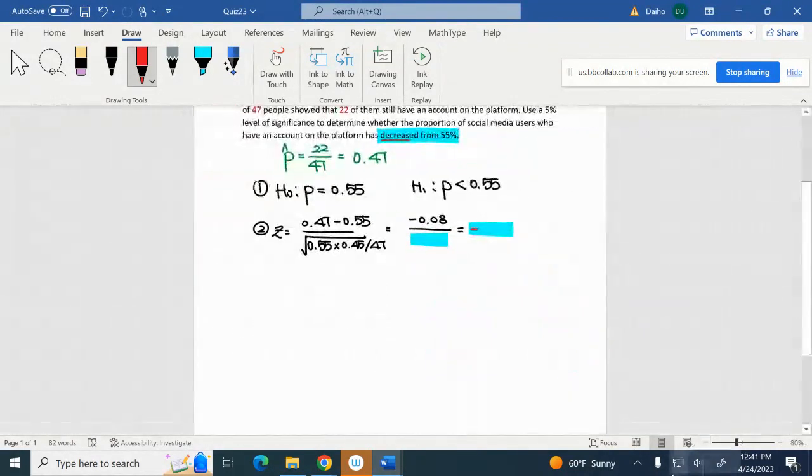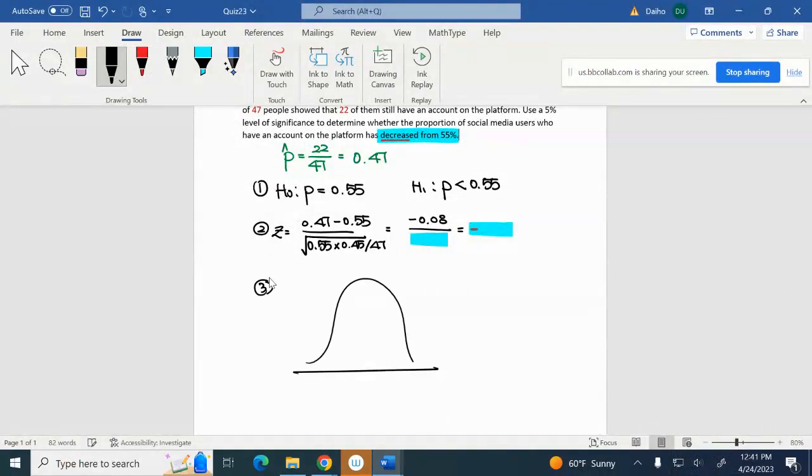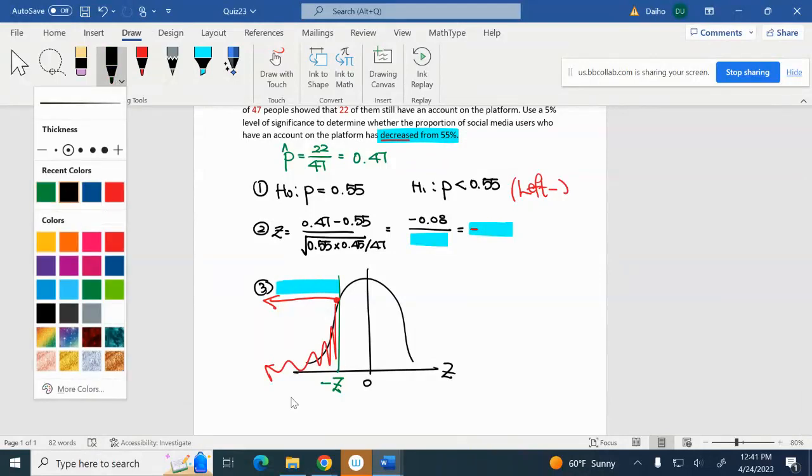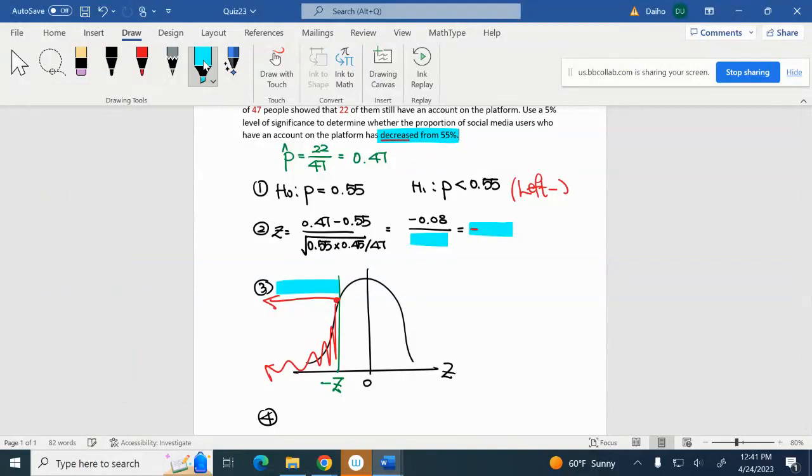Then we have to take the p-value from the z-table. We take the negative z-score. And less than 0.55 was the left tail. So exactly we need the left tail from the Z table. That will be the p-value. And you have to make the conclusion and interpretation.